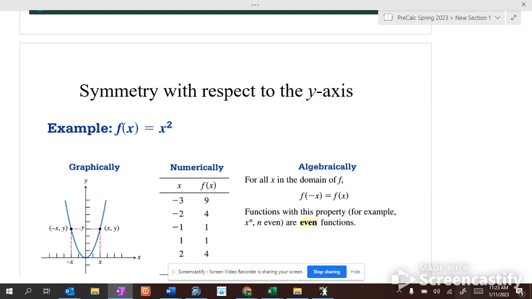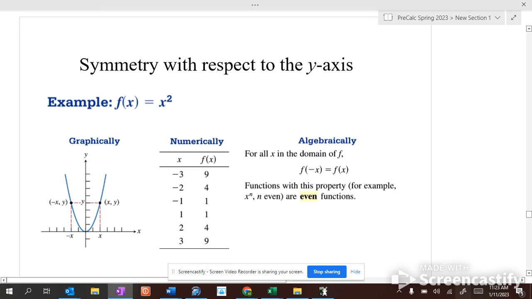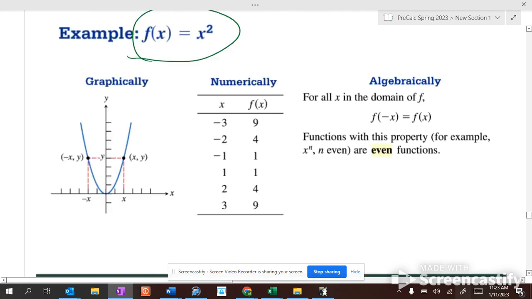Okay. So what we're dealing with today is symmetry. We've all seen f of x equals x squared. Y equals x squared. That is a parabola. You've worked with parabolas a lot in Algebra 2. So, since you've worked with parabolas, you understand they're symmetrical with the y-axis, especially when they surround it.